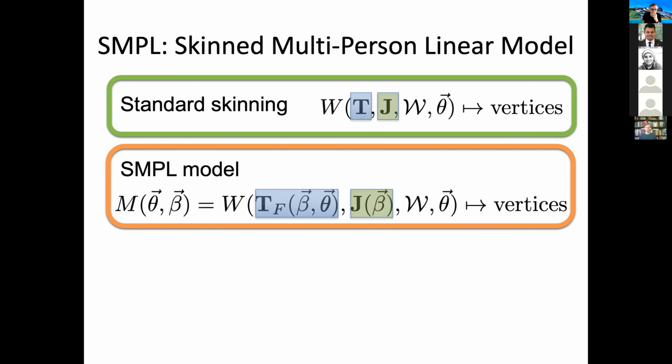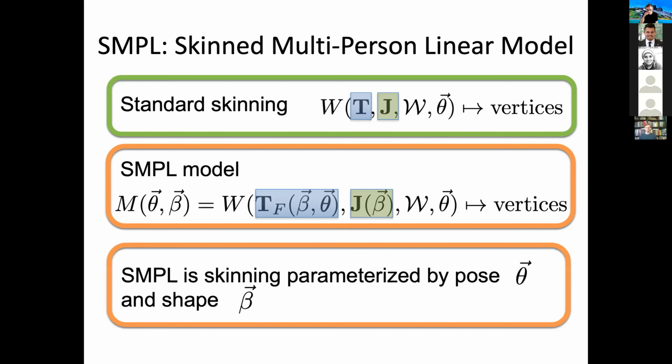That's going to be critical. And the joints are going to be a function of the body shape. And then some blend weights and the pose, of course, right? So the difference between standard skinning and SMPL is just that the template mesh and the joints are going to be a function of some parameters, body shape and pose.